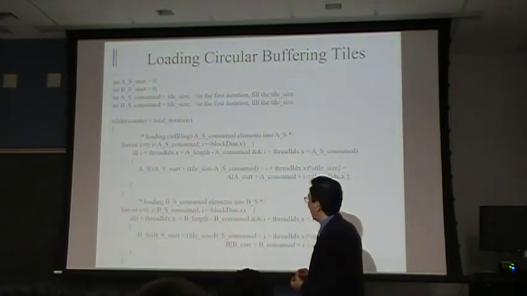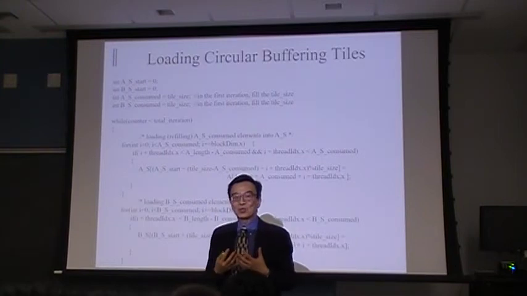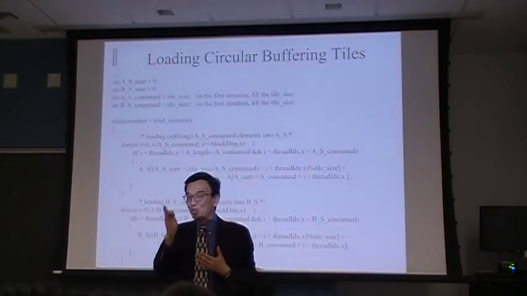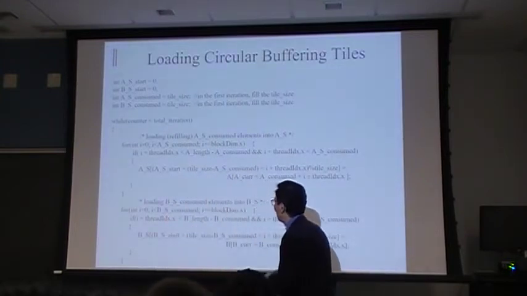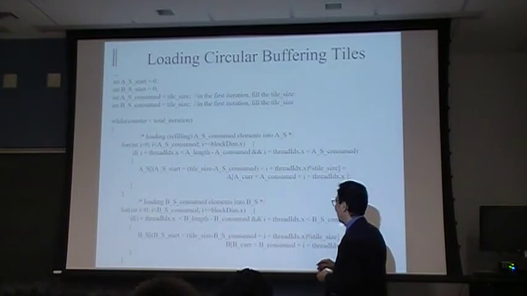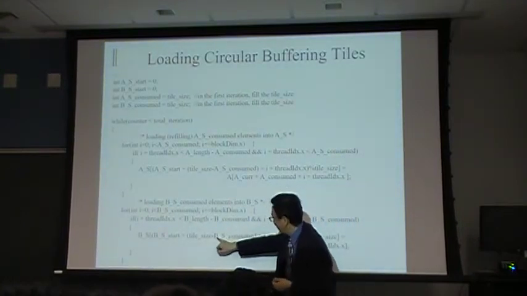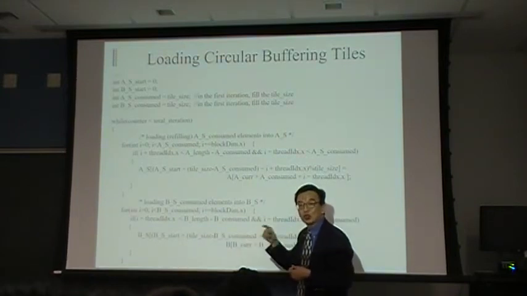Now you have to keep track of not just the consumed elements in the global memory. You also need to keep track of the consumed location in the shared memory, right? So that's why we have the B consumed, and also we have the BS consumed. So this is the consumed location in the shared memory.